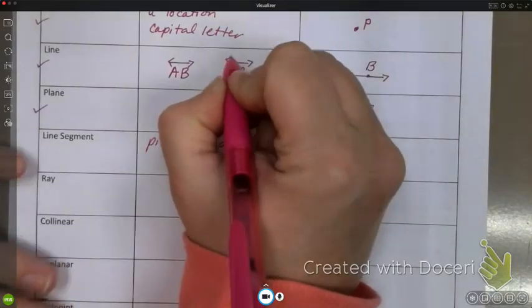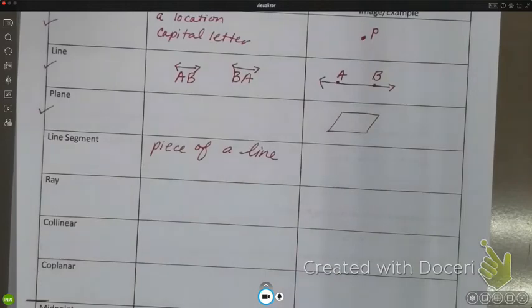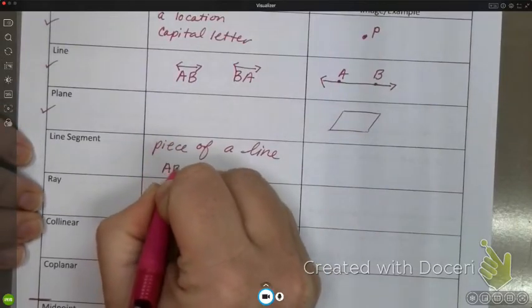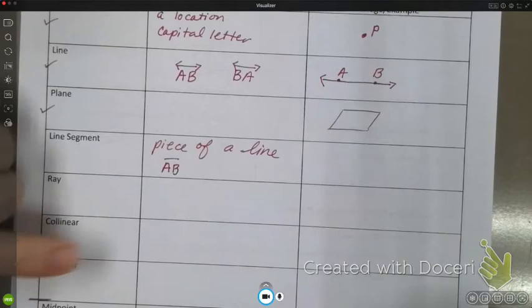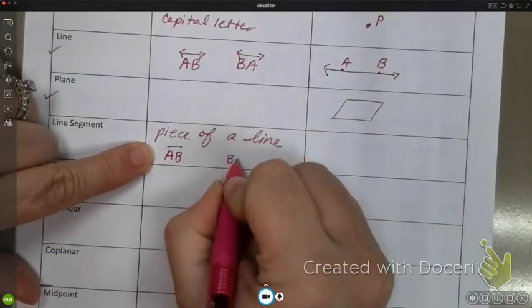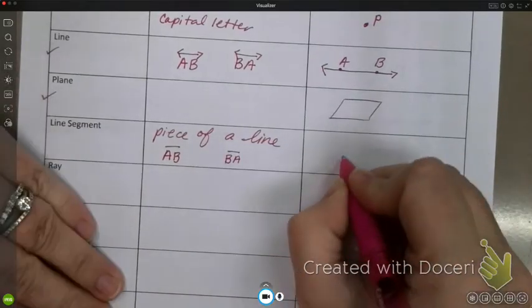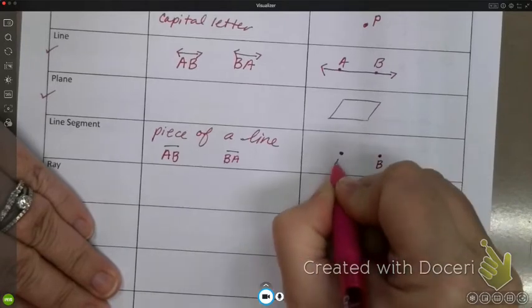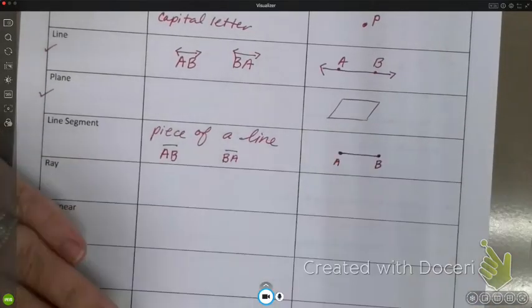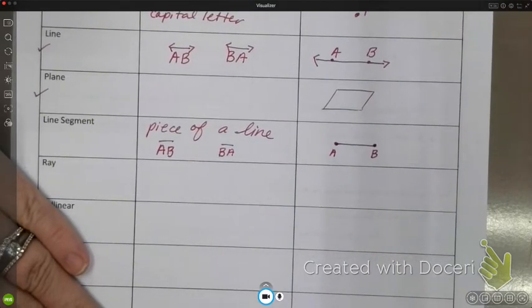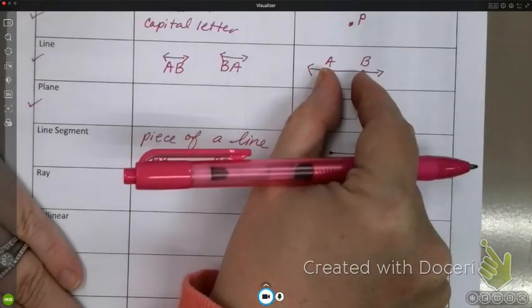I tend to like things in alphabetical order better, but either way, right? So the line had an arrow at each end. A line segment does not. It just has the little line with no arrows above it. So you could call it AB or BA. And here's the way it looks. Here's point A, here's point B, and it merely connects them. It does not go past them. It does not have arrows beyond. It is just a piece of that line.